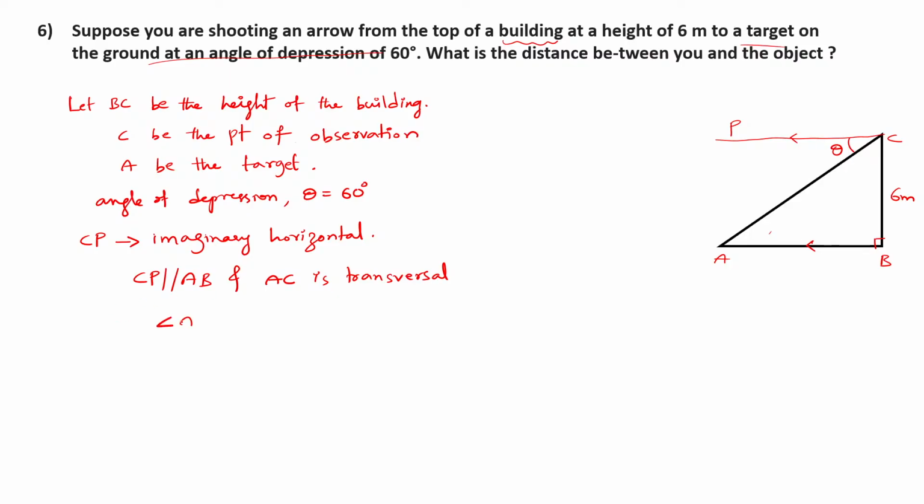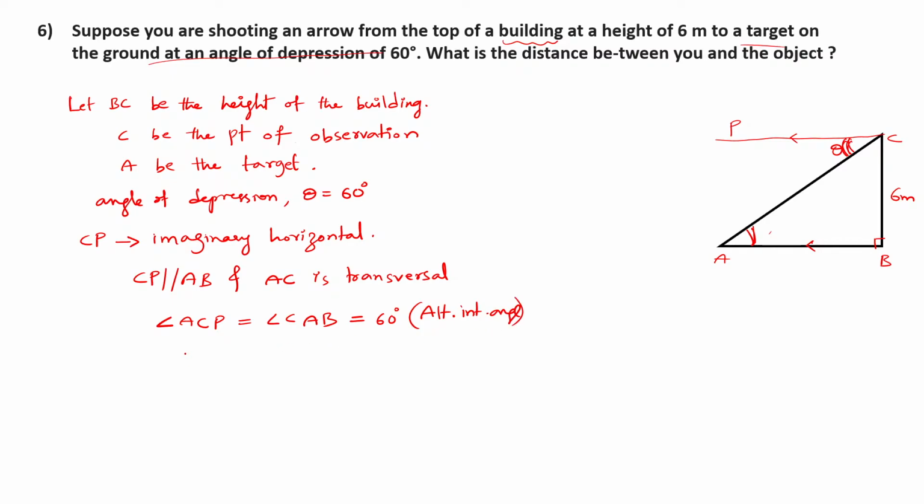Angle ACP, as you can see on the screen, is equal to angle CAB. Both are equal to 60 degrees because they are alternate interior angles.